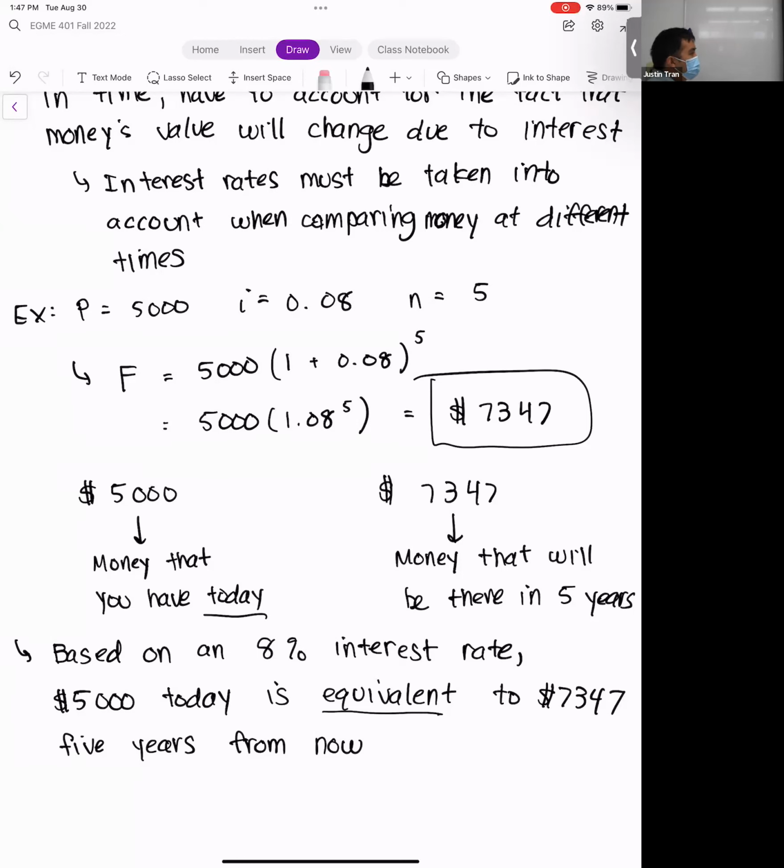The idea is that one day, maybe a year from now, maybe 3 years or 5 years from now, you're going to withdraw it from the market. What you hope is that the money you put in is going to grow at a steady interest rate over time. So if you're expecting, say, an 8% interest growth on your investment, then 5 years from now, your $5,000 should be worth $7,347. That's kind of the hope with investing.